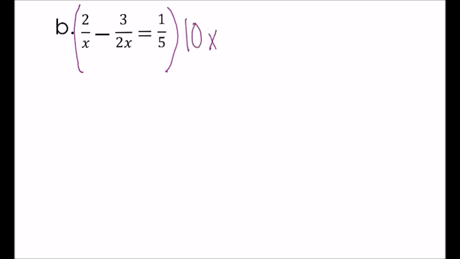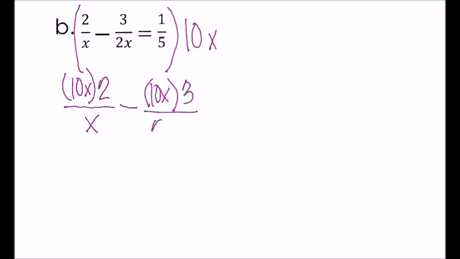So we multiply 10x to all of the terms in our equation. So we have 10x times 2 over x minus 10x times 3 over 2x equals 1 times 10x, that's 10x over 5.